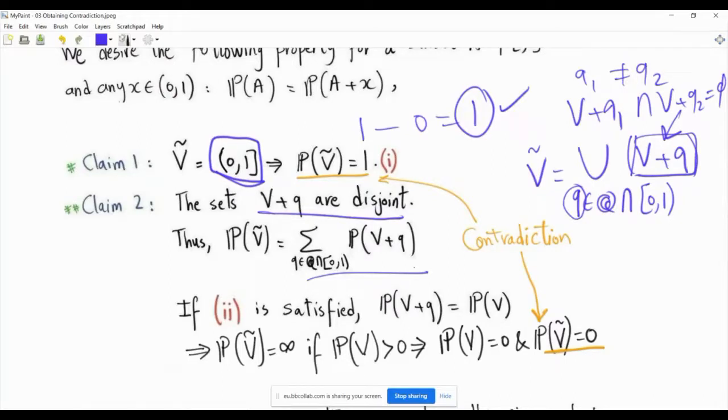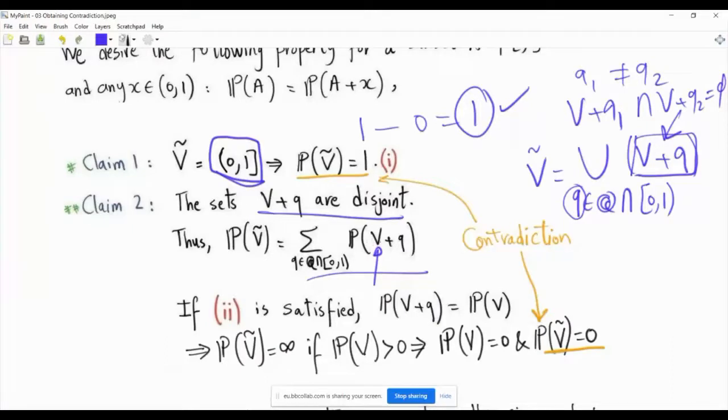And then remember that, if you want to have a uniform measure, it makes sense to insist on having translation invariance. Translation invariance tells you that if you take a set, which here is V, and under our assumption that our sigma algebra is the power set, it is an element of the sigma algebra, so we should assign a probability to it.